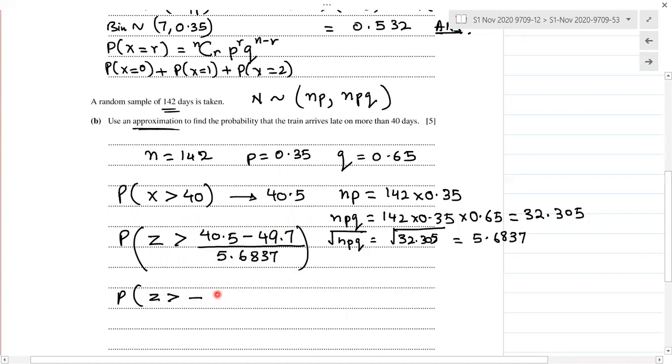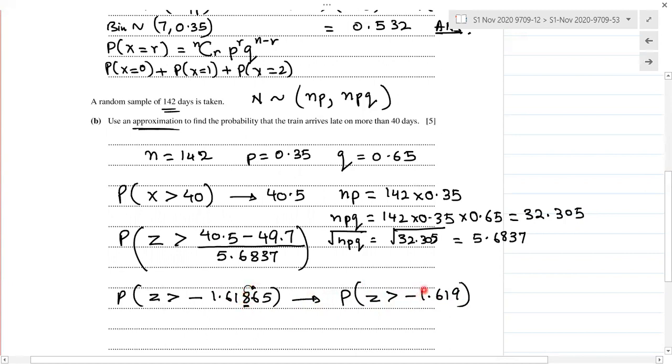And we get Z is greater than a negative value, 1.61865. This is what we're getting. For this, we cannot have such a large number in the distribution table. It just goes up to 3 decimal places. So we can round this and write the probability of Z is greater than minus 1.619, since the third decimal place is 8 and after 8 is 6, so that 8 becomes 9.